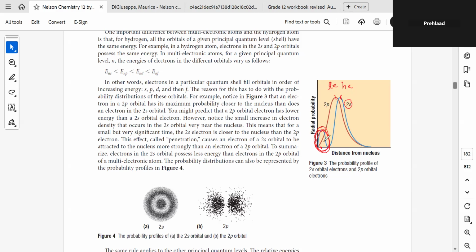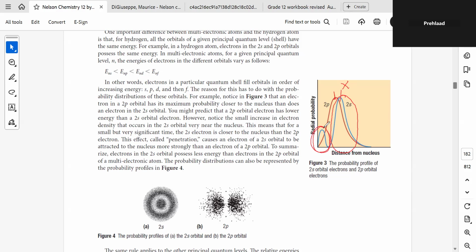Remember the experiment I told you? It is saying that a 2s electron spends more time closer to the nucleus, and less time when it is away from the nucleus. So although looking at the image, it appears that 2p has lower energy and 2s has higher energy, which is not true.